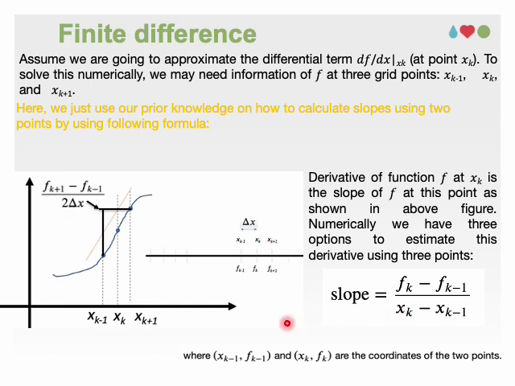The derivative at xk is actually the slope of a line connecting, for example, xk minus 1 and xk, as shown by this formula and the red line in this figure. Similarly, we can approximate the slope at xk by using xk and xk plus 1, as shown here by the green line.